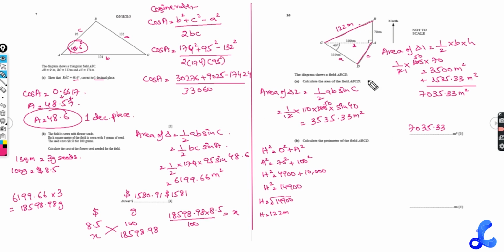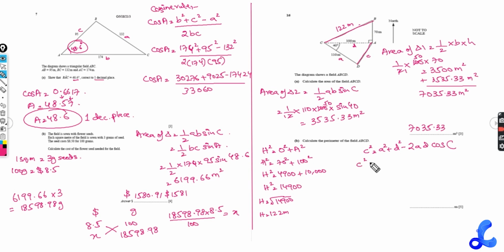So we have to find out c over here. The formula is c square equals a square plus d square minus 2ad cos of big C. So big C is given to us as 40.